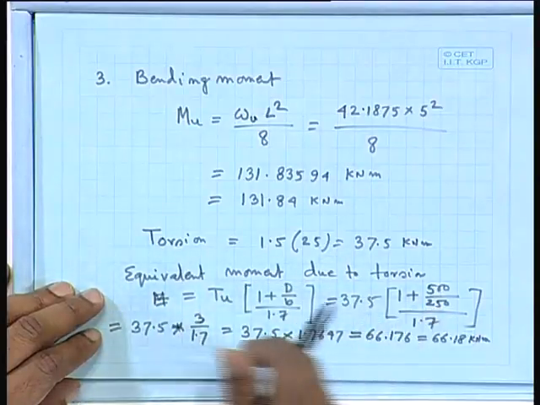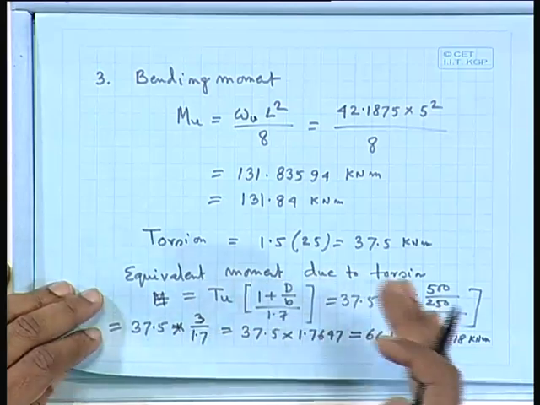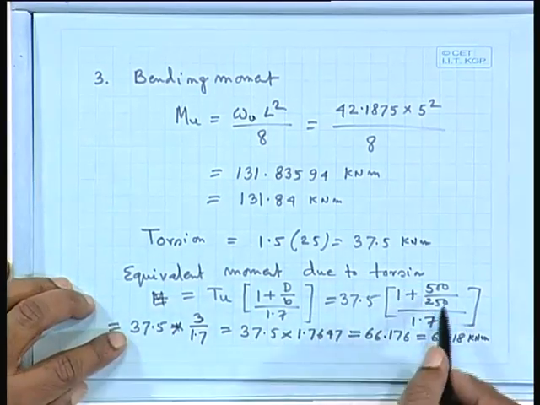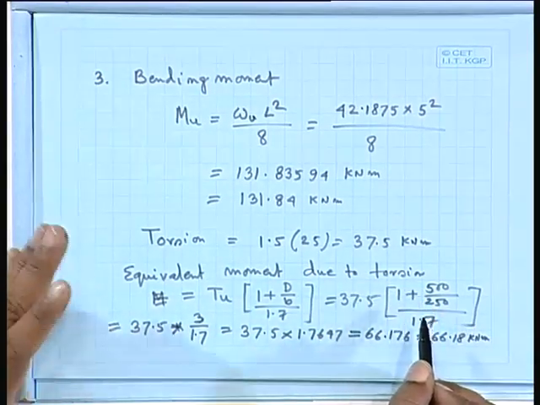If you do at least 4 or 5 problems like this, then you will have an idea, and if at any step you find an unusual value, you can immediately understand that there is something wrong. So each and every step you have to check, to find out whether you are making any calculation mistake or not.